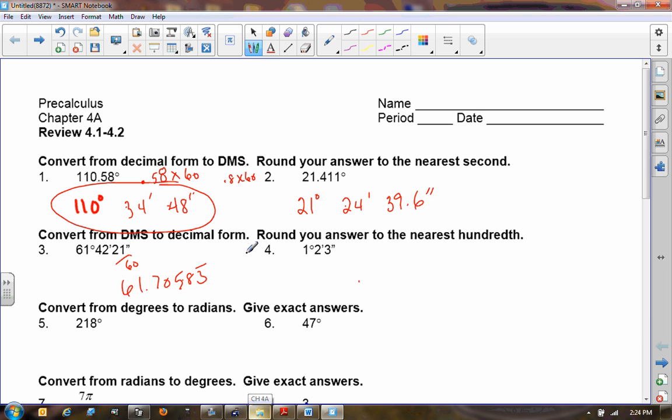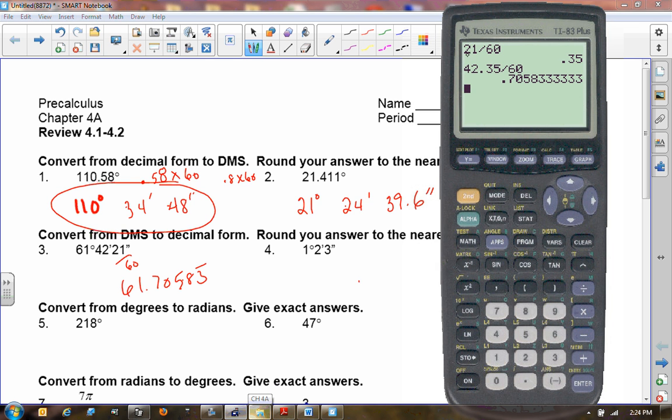Repeating. If you didn't go that far, that's fine. You don't have to go that far. So let me show you again what I did. Took the 21, start at the end, divide by 60, gave me a decimal. Take that decimal, put it next to the 42, divide by 60, that's the decimal for the whole thing.